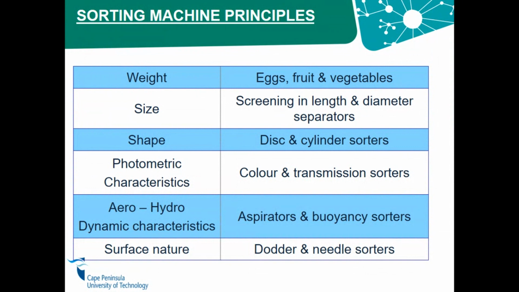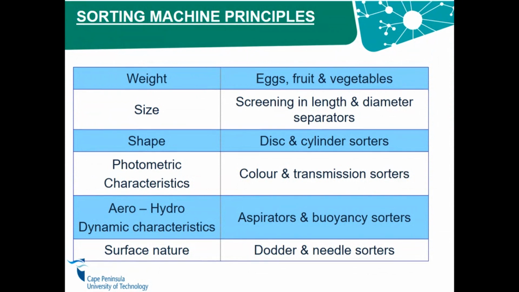There are also aero and hydrodynamic characteristics, so basically water and air dynamic characteristics of these materials, and we can also look at the surface nature of the raw material. For the purposes of this presentation, we're not going to look at all of them, but we'll do some considerations. So let us start with weight sorting.